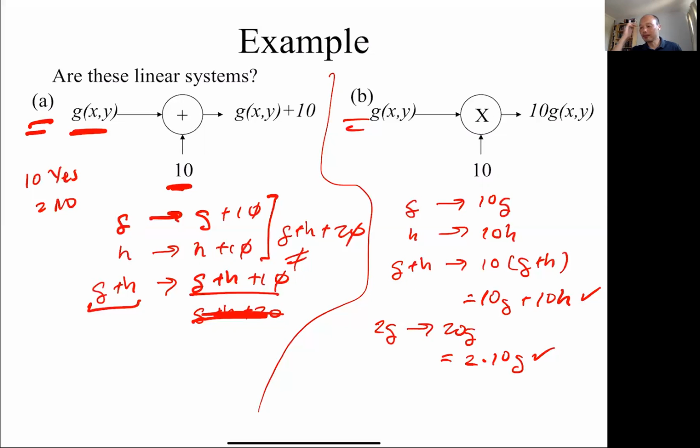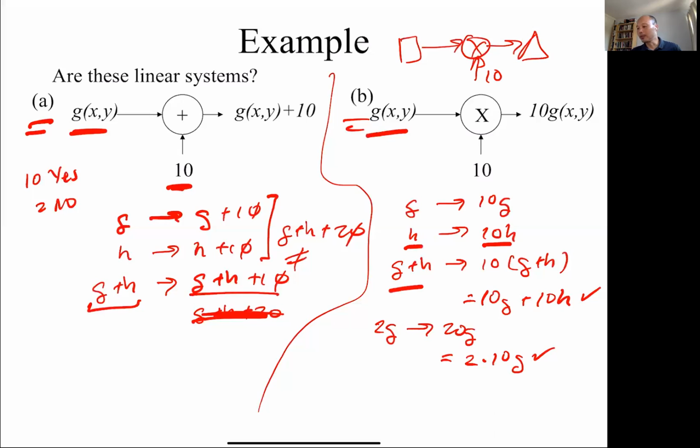So the way you go about these problems is you say, okay, if I have an input G, the diagram tells me just multiply by 10. Whatever's in the input, multiply it by 10, okay? So you want to think of things as black boxes, like I have some input, I don't really know what it is. And it just says, take my input, multiply by 10, and you get some output. Okay, so you want to think of things a little bit generally. So if G is the input, then 10 times the input is just 10G. If H is the input, then 10 times the input is just 10H, right?